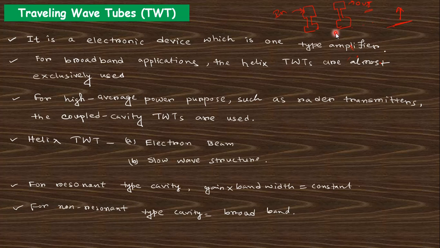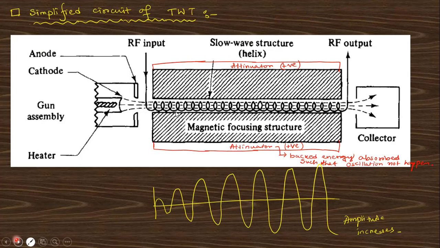For infinite number of multi cavity, you can equivalently use this traveling wave tube. You can see here, this is the schematic diagram. You can see the path of the electron, dotted line, electron passes, and in this spiral path the RF power goes through this, or they travel through here.